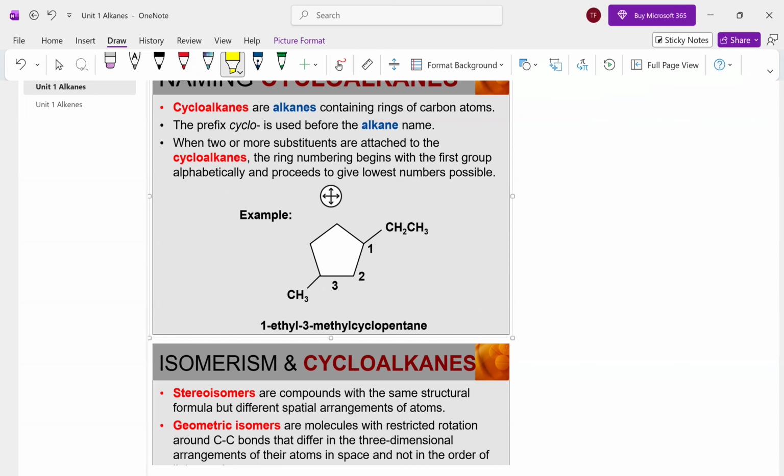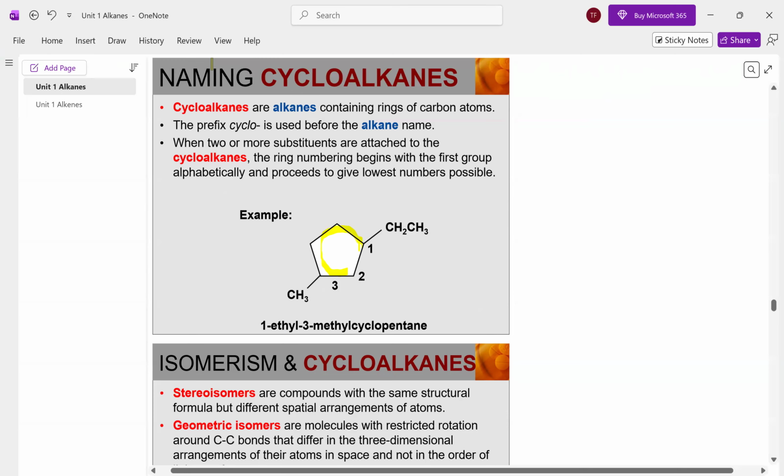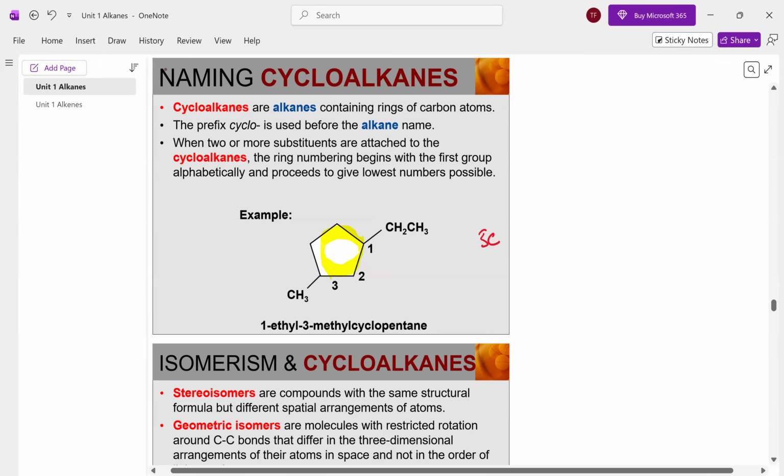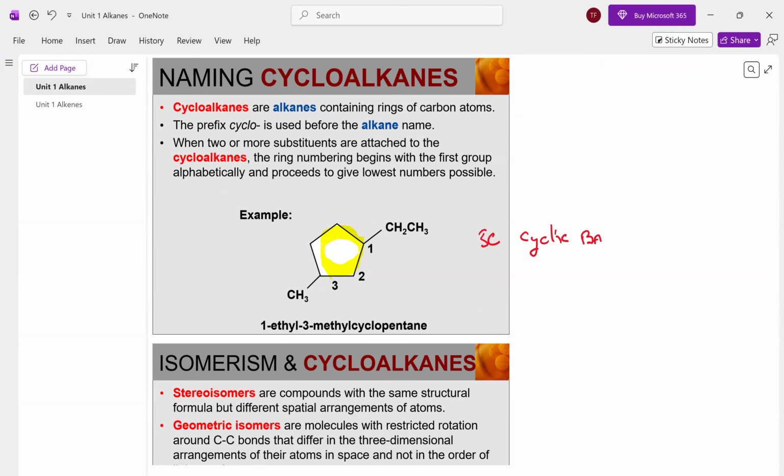Okay, so we've got penta, 5-membered cyclic, so it's going to be a 5-carbon cyclic backbone.